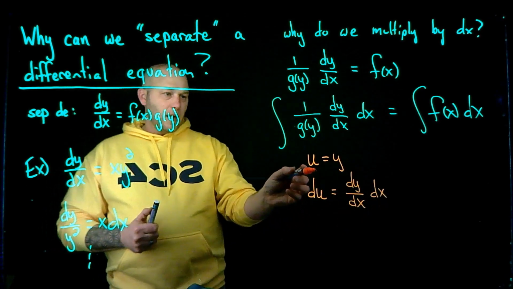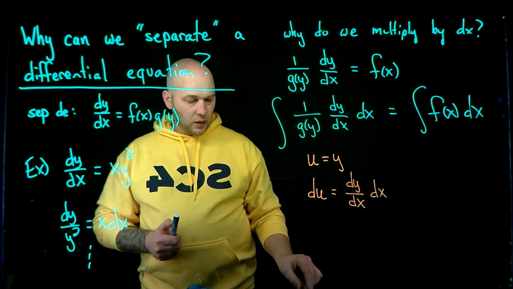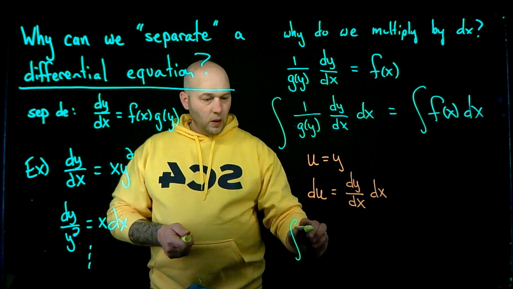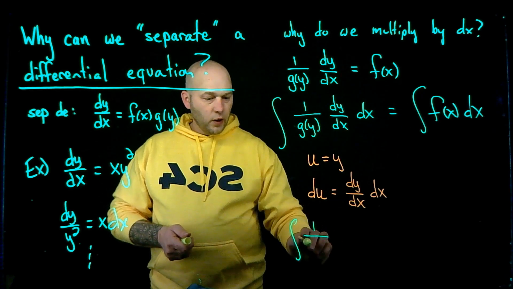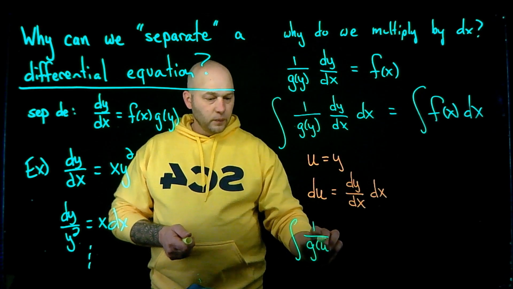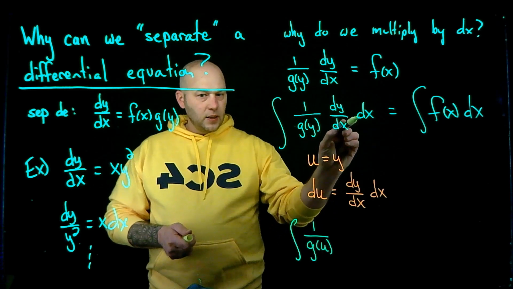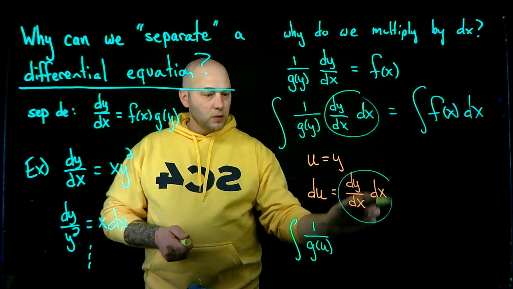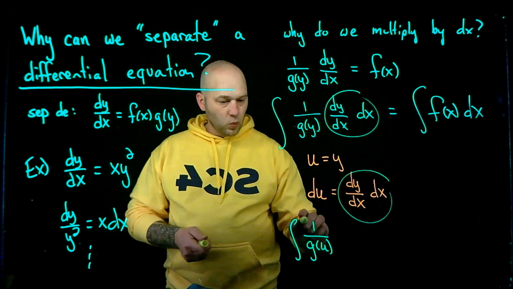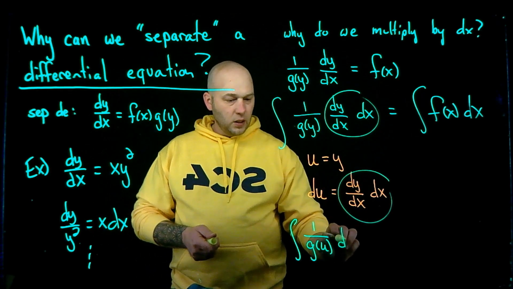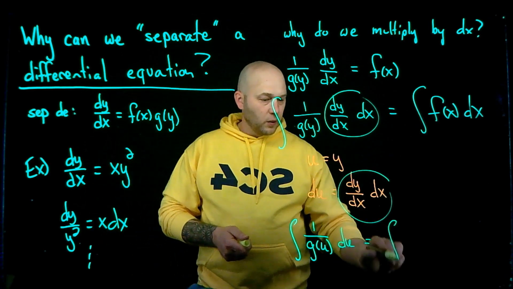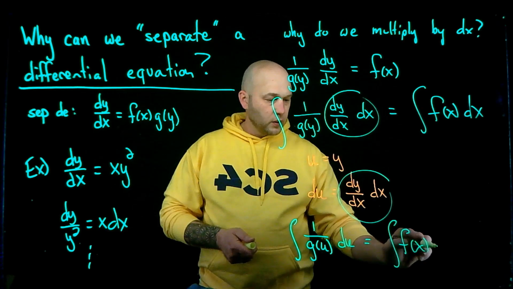Now let's substitute that back into the integral above, and what I get is the integral of 1 over g of u. Now dy dx dx, that combination right there, is du. So this is the integral of 1 over g of u du, and the other side was the integral of f of x dx.